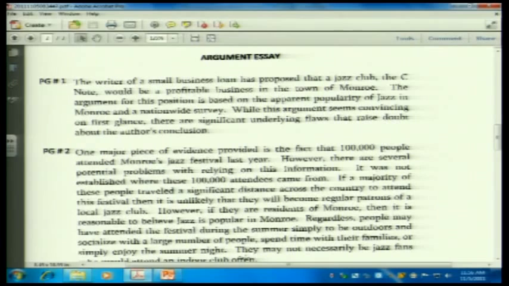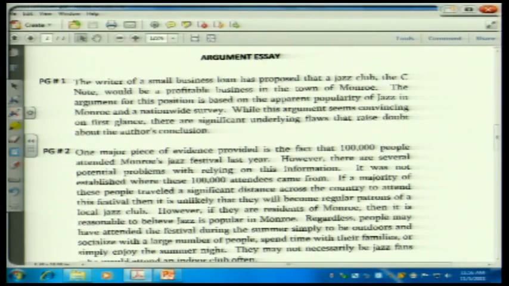Here you will start with the intro paragraph, and you will start with a restatement of the argument of the author, to show that you understand the issue and you can restate it in your own words.